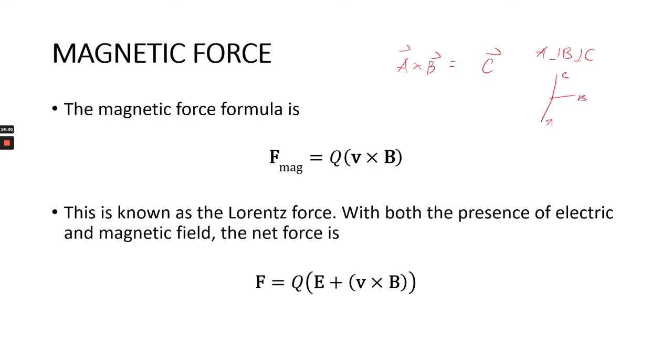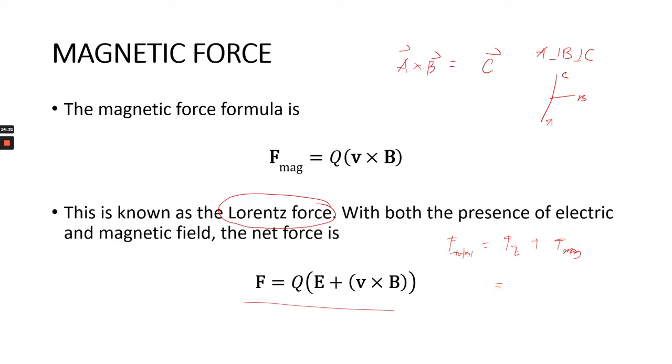Now this is known as the Lorentz force. Okay. Now in the presence of both electric and magnetic fields, the net force on Q would be this one. So if you want to calculate the total force, that would be the force due to the electric field plus the force due to the magnetic field.